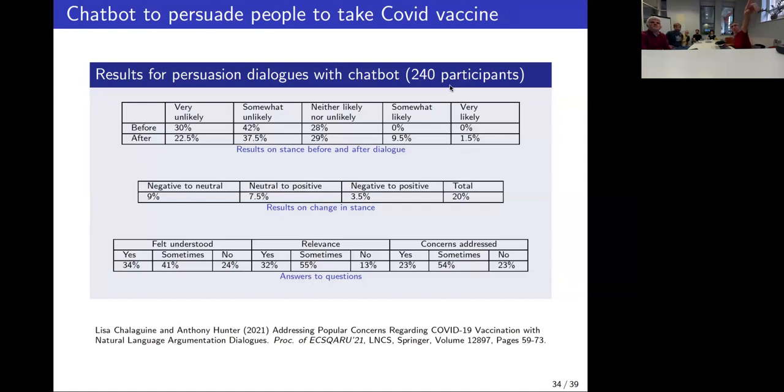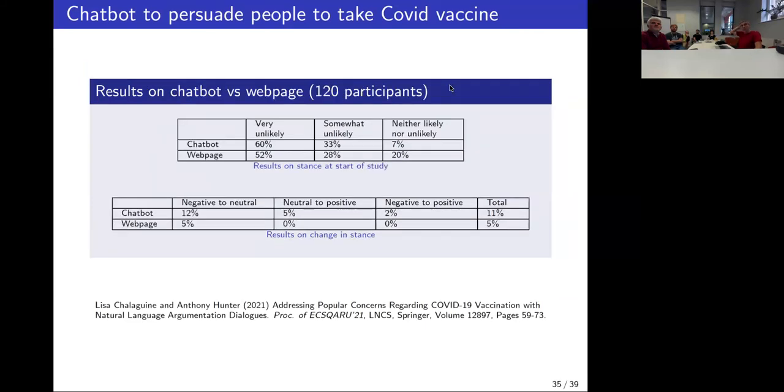And you look at the results about whether they felt understood, relevant, and concerns addressed. They're not too bad. We're not comparing it there with anything, but we did compare it here. This was a separate group of participants. We did a comparison of a chatbot with a web page.